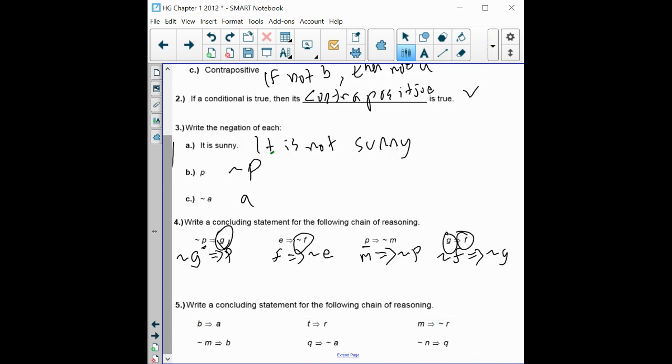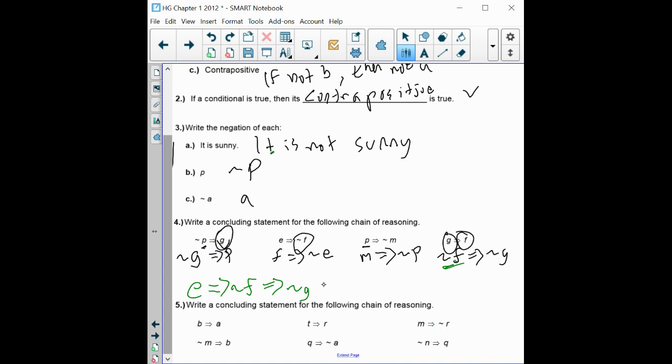So I'm starting with E. E leads to not F. Not F, which is over here, leads to not G. Okay.